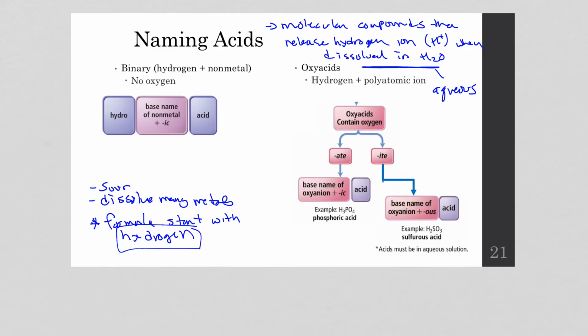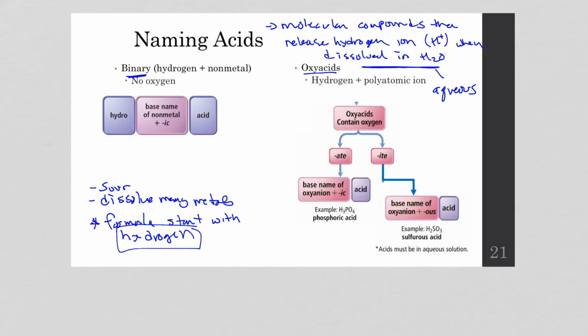Now, we have two basic types of acids that we're going to name. We have what are called binary acids, and these are simply hydrogen plus some nonmetal. They will contain no oxygen, right? And the second type of acid we have are what are called oxyacids. And as the name might imply, these are going to contain oxygen.